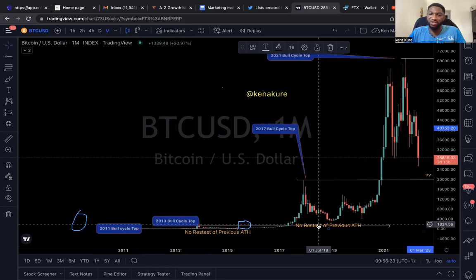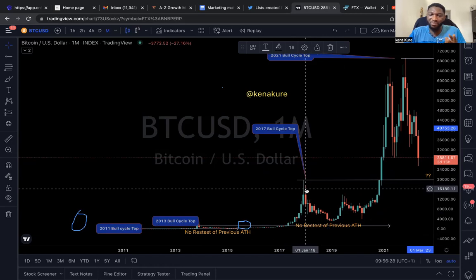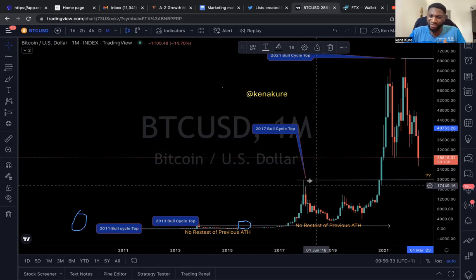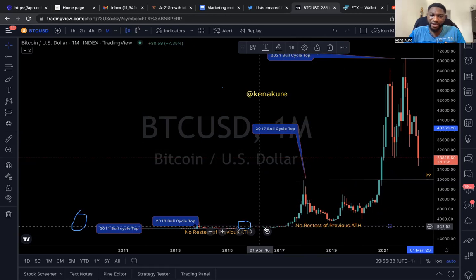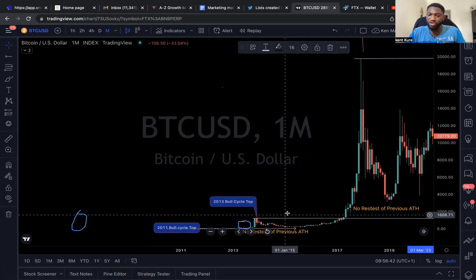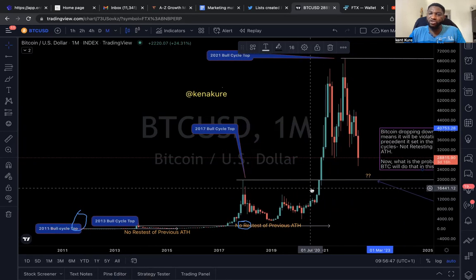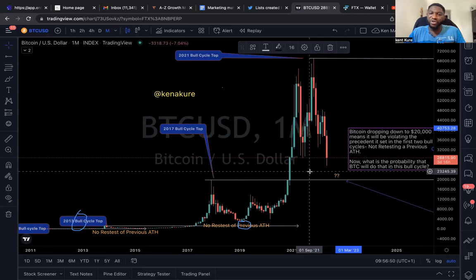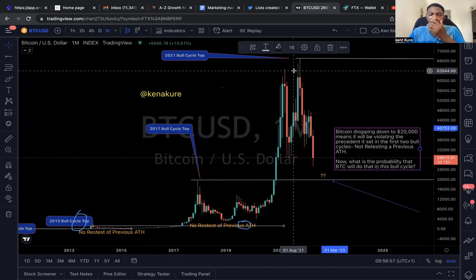Even at this top here in 2017, the market cap was well below 100 billion. I don't have that data, but well below 100 billion. All of this was happening when Bitcoin's not even up to 1 billion in trading volume. So this market has grown, and now we're seeing Bitcoin hit the $1 trillion mark.